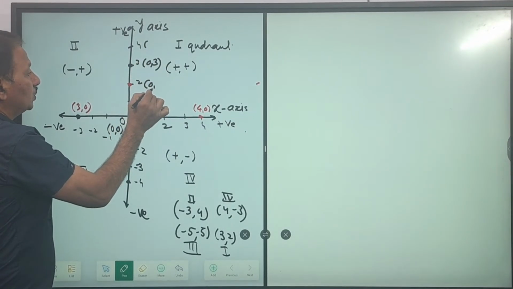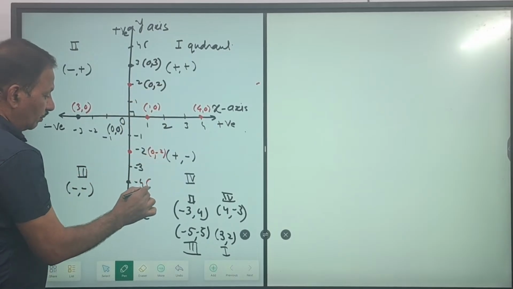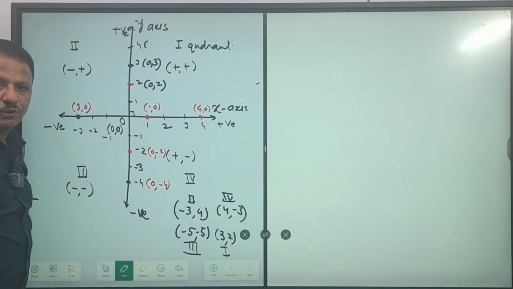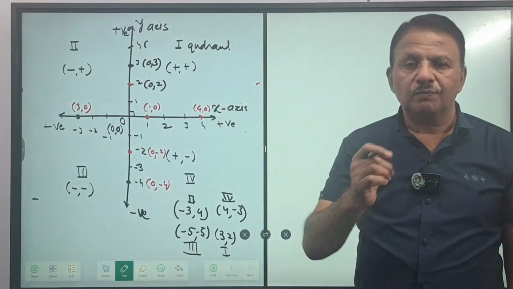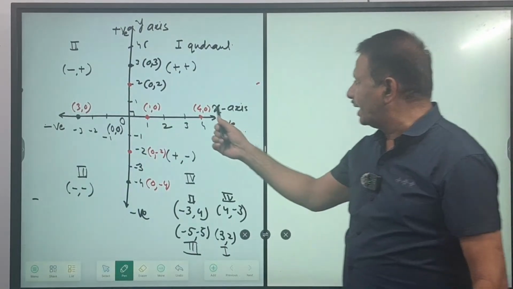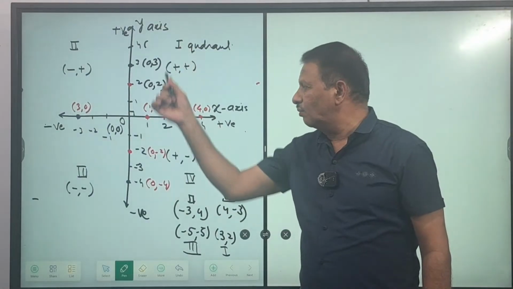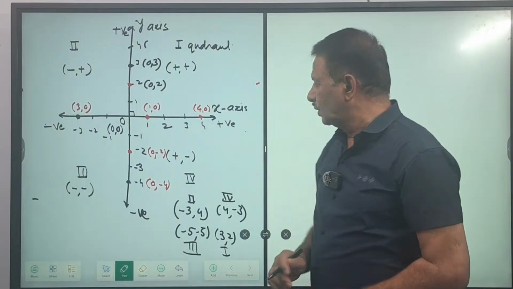This will be 0, 2. This will be 0, -2. What about this? This will be 0, -4. You got this point? Two statements, remember: those points lying on the x axis, their y coordinate will be 0, whereas those points lying on the y axis, their x coordinate will be 0.